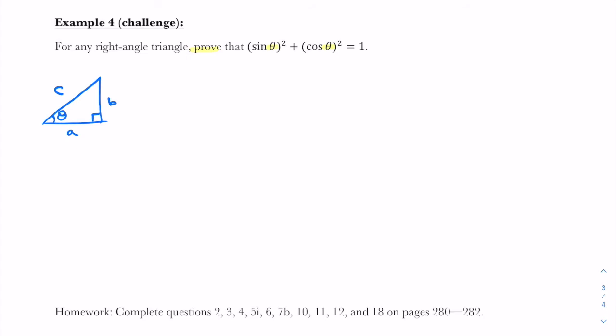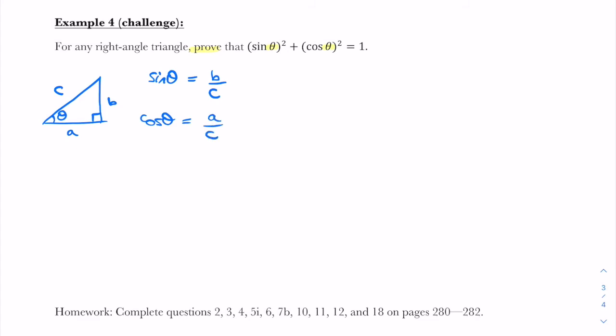Well, let's look at our picture and figure out what exactly sine and cosine theta are. Sine theta is equivalent to opposite over hypotenuse. In our picture, that would be b divided by c. And cosine theta is adjacent over hypotenuse, which would be a over c.